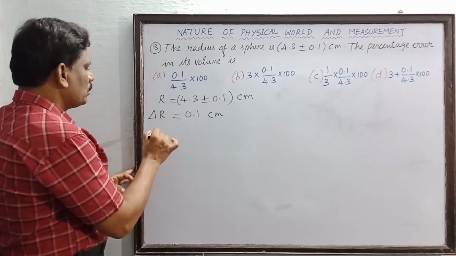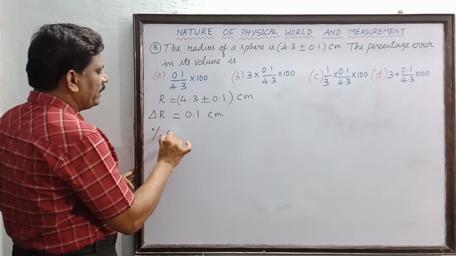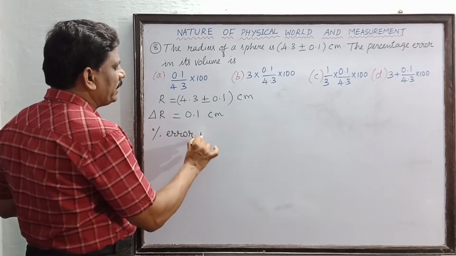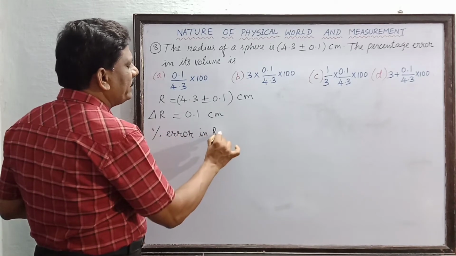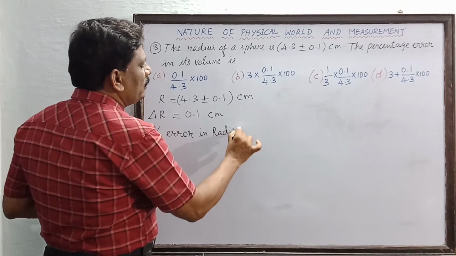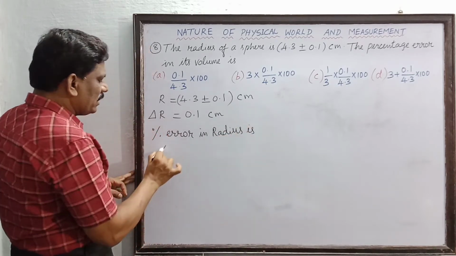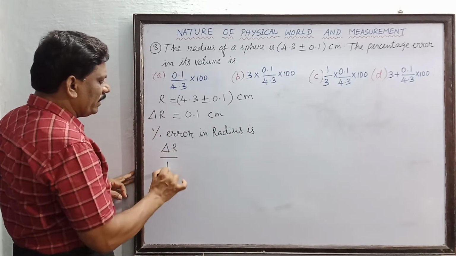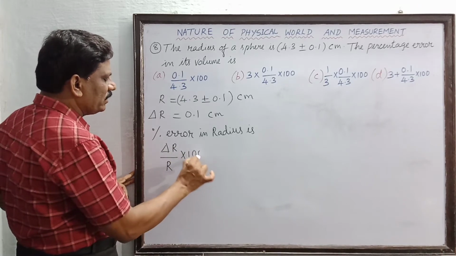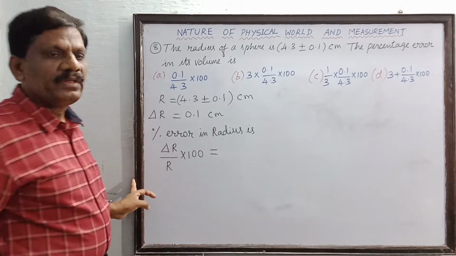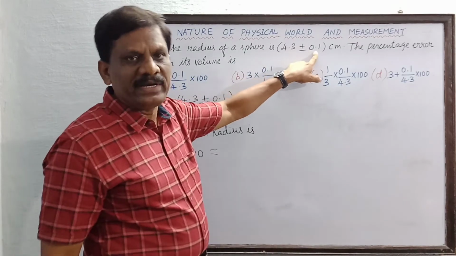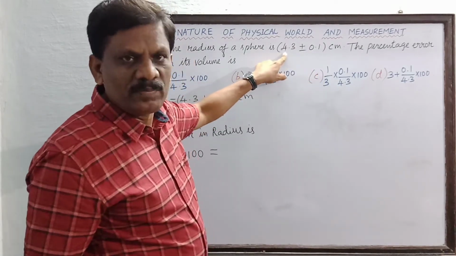Okay. So percentage error in radius is delta R divided by R into 100. That is equal to, so delta R is 0.1. R is equal to 4.3.